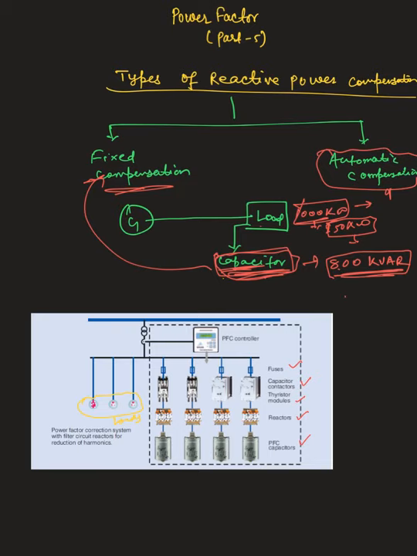Whatever loads are connected to the bus require some reactive power, and this capacitor bank is providing that reactive power required by the load, so that the reactive power does not have to come through the grid. Alright, up to here it is clear. This capacitor is the building block of this panel. This is what is supplying the reactive power to the loads. So we can say that the capacitor is a building block.